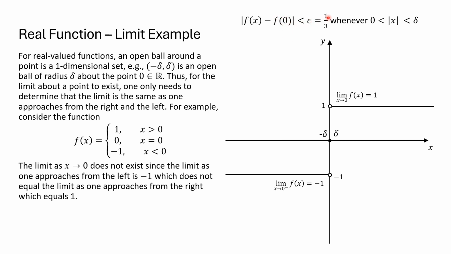And if you pick, say, epsilon equal 1/3, then no matter how small you make delta, for an x that's just slightly bigger than 0, you're going to get 1, which is not less than 1/3. If you're just slightly less than 0, you're going to get minus 1 and take the absolute value, it's 1 again. And that, again, is not going to be less than 1/3. So based on the definition of a limit, we also see that the limit does not exist here.